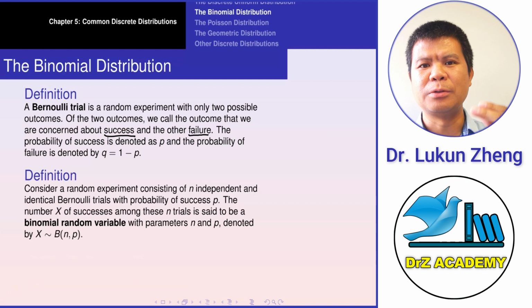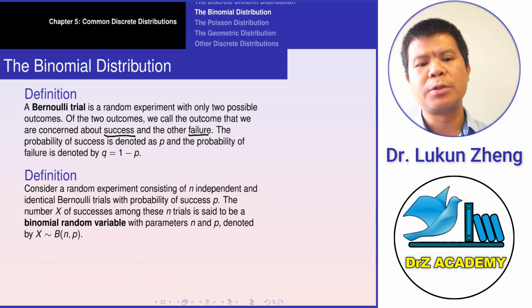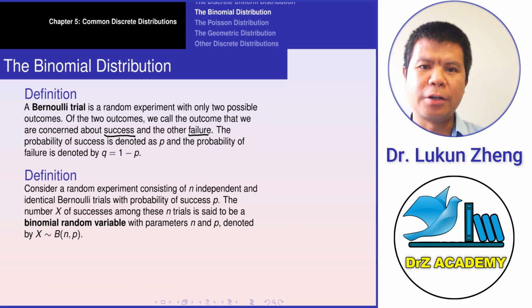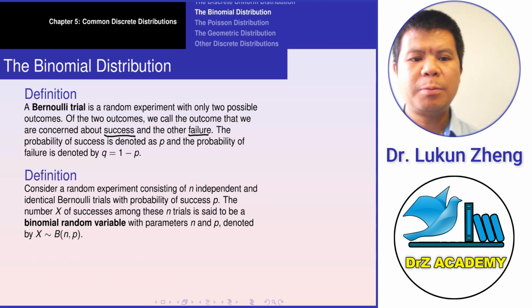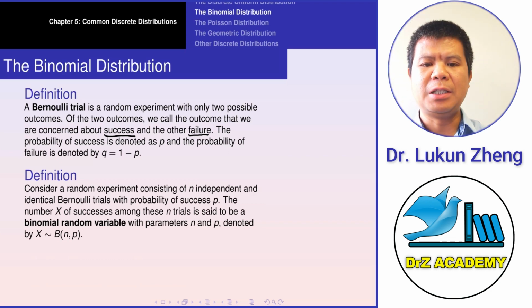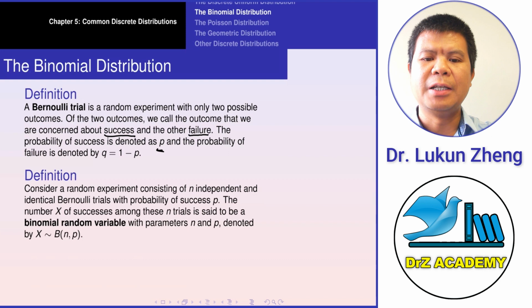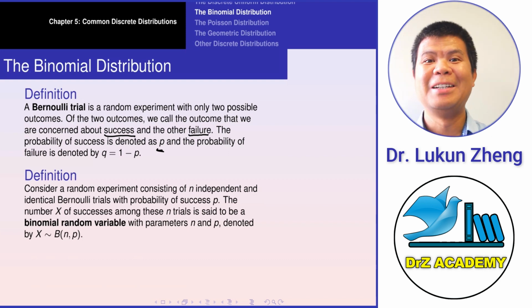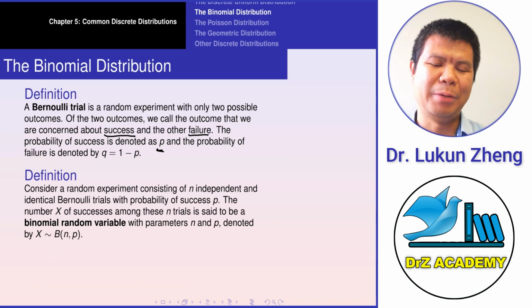Those are two possible outcomes, so we call one of them success and the other failure. The probability of success is denoted by p, and the probability of failure is going to be 1 minus p.